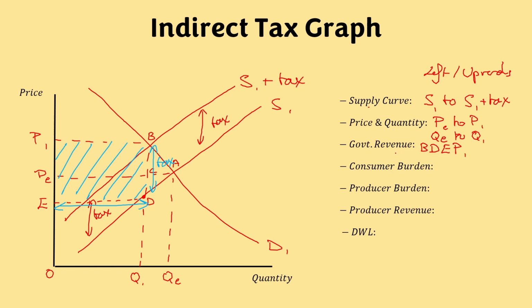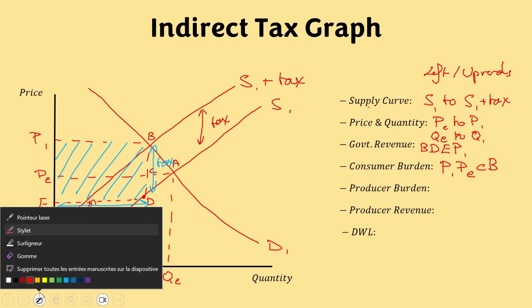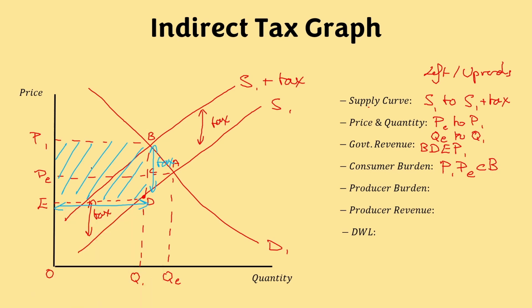So we can say that the consumer burden is P1 PE, and again, times the quantity. Now let me show you this as well so it's clearer. This would be the consumer burden, this upper part of the box.